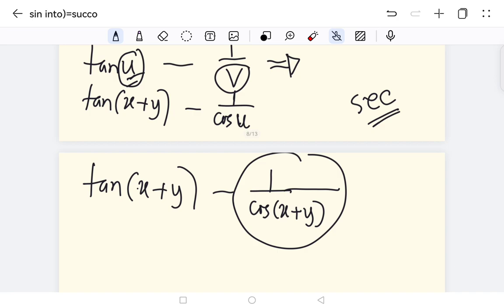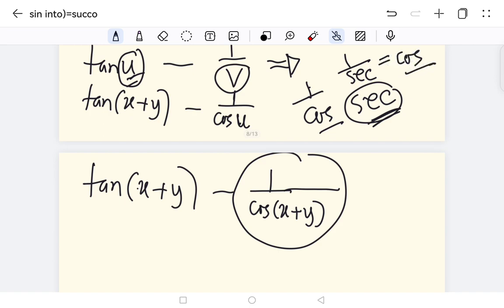How to remember this? Just remember that cosecant and secant are like the continuing ones. So 1 over cos is secant, and 1 over secant is cosine. And 1 over sine is the same as cosecant, and 1 over cosecant is sine.